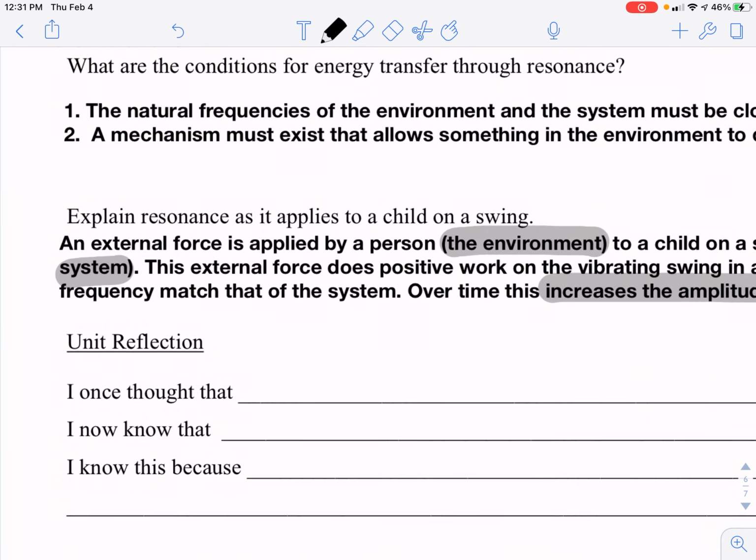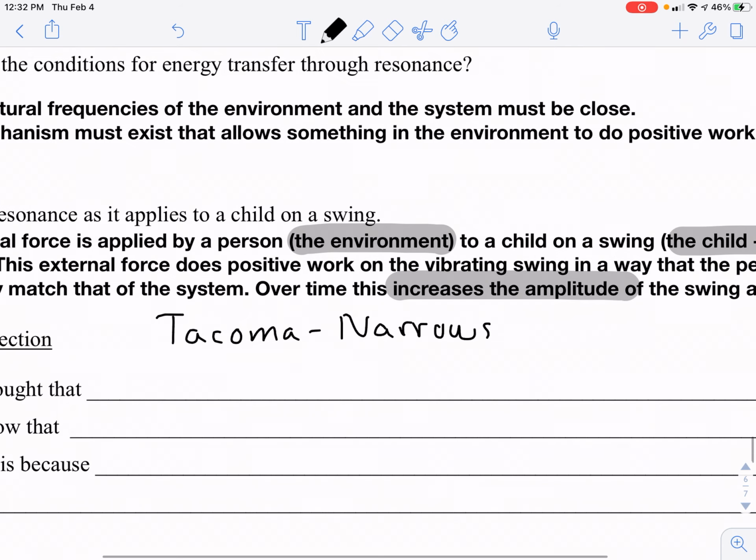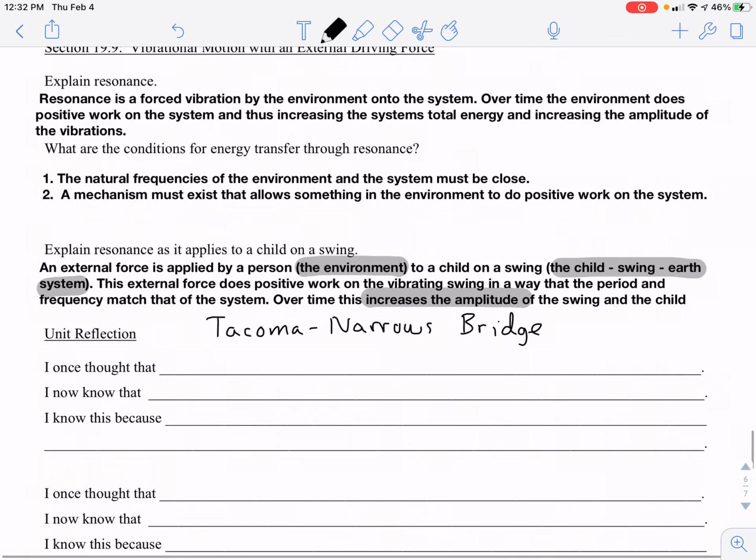I would encourage you to look up videos of the Tacoma Narrows Bridge. This is an engineering failure that occurred back in 1930 of a bridge that was outside of Tacoma, Washington.